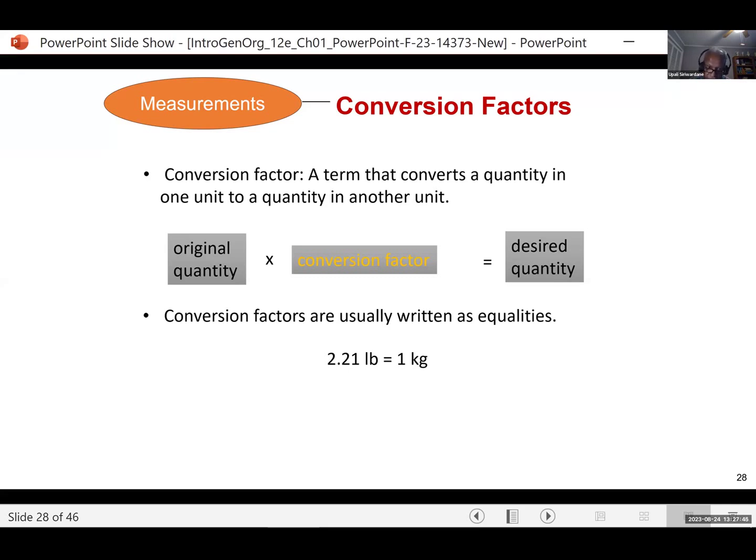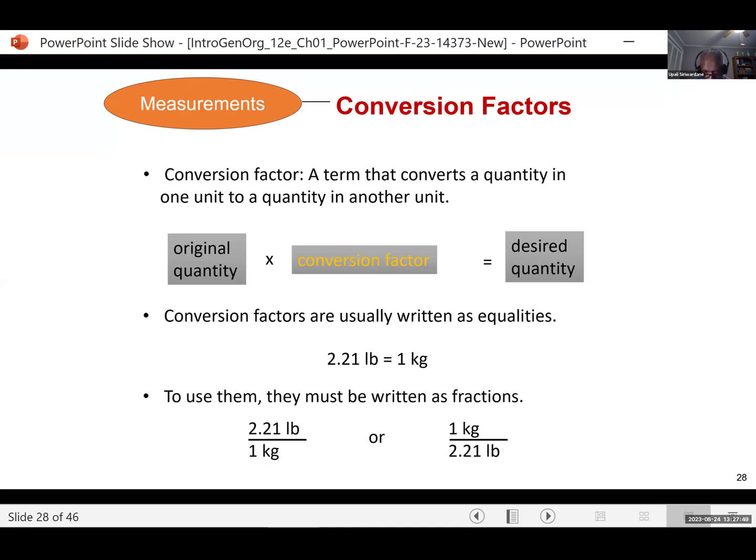So this is a conversion factor. It could be written as an equality or fractions: 2.21 pound divided by 1 kilogram, or the inverse. So the conversion factor going to be one of these depending on the units of the quantity to be converted.